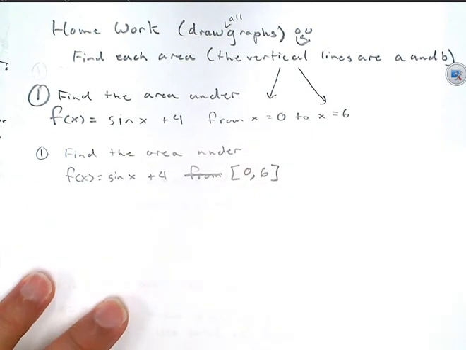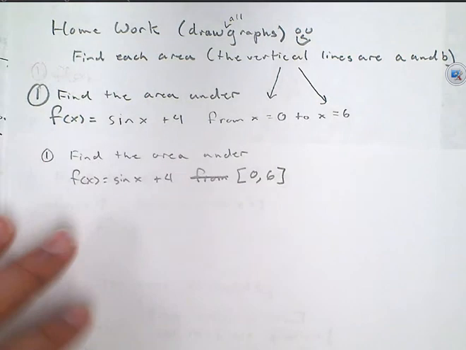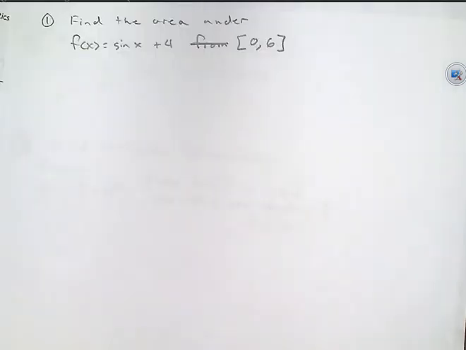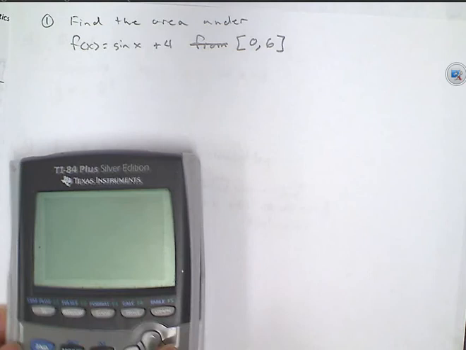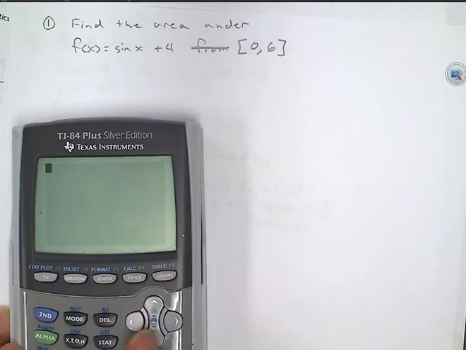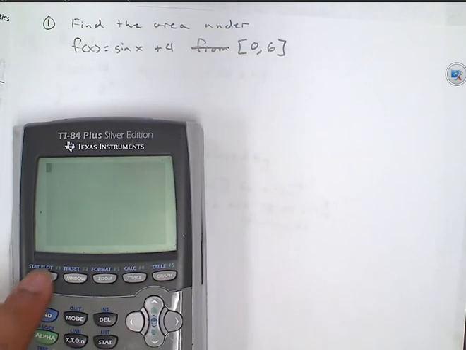So find the area under f of x equals sine x plus 4 from 0 to 6. Whipping out your graphing calculator will help here. So I'm going to go ahead and do that. Even though you should know what this looks like, it's fine to use your graphing calculator, no problem at all.